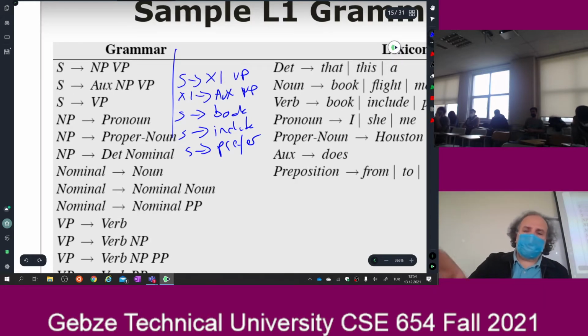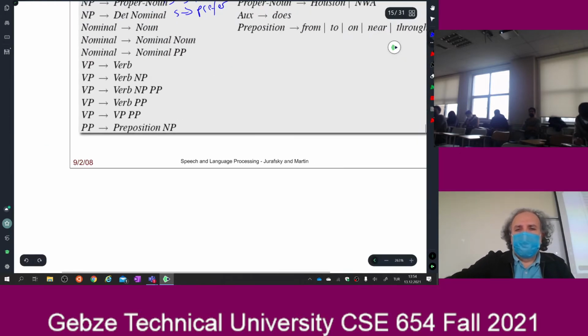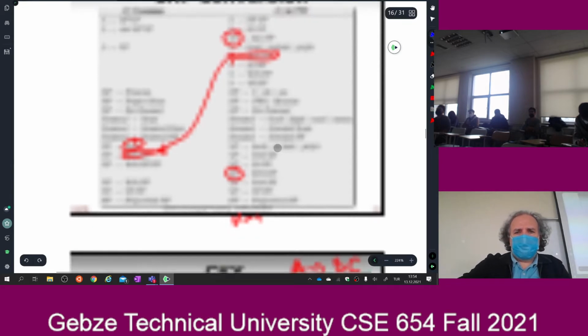So the original grammar will be a little bit different than what we are producing. But again, most of the time it is more important to know if the sentence is parsable or if there are any ambiguities in it. Okay, so it is already done like that.